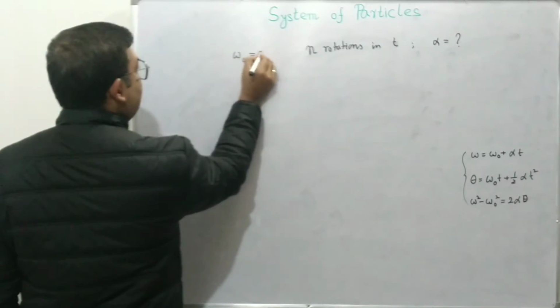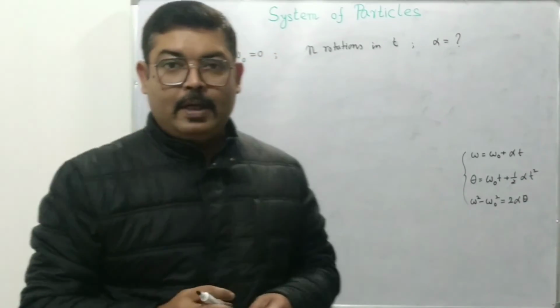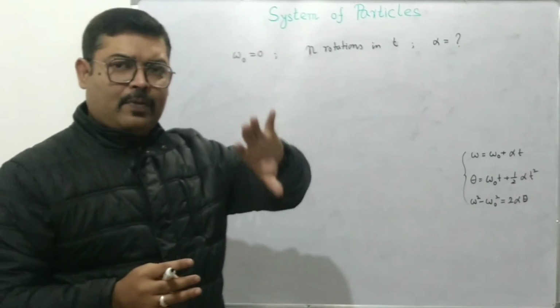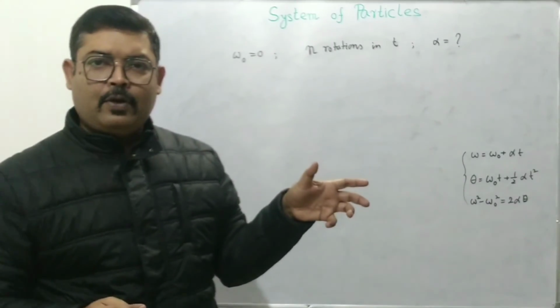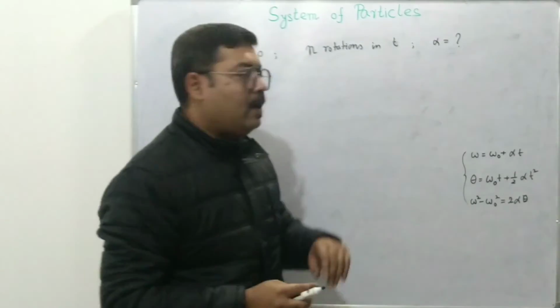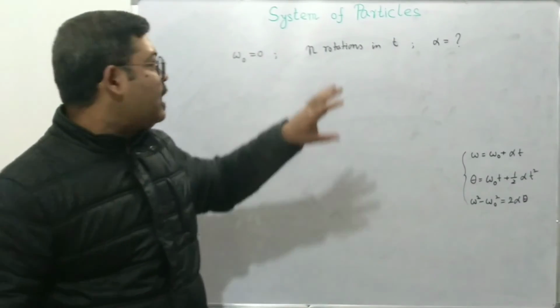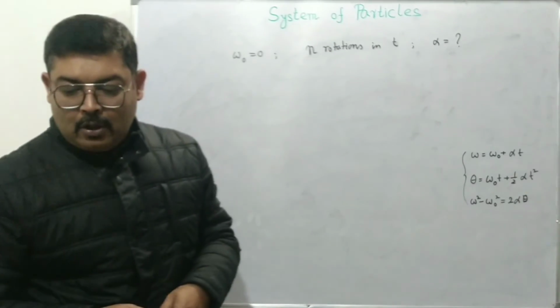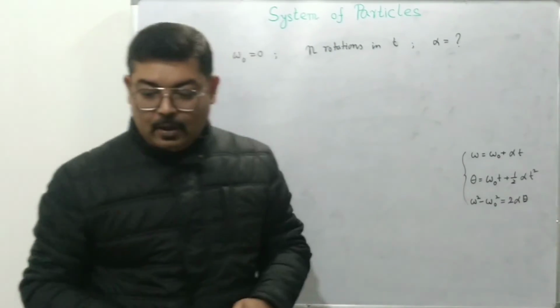Omega naught is equal to 0, since the rigid body starts from rest. So a body was at rest and then a force was applied so that it started accelerating with a constant angular acceleration alpha. It is found that in time t it has made n complete rotations. What will be the angular acceleration?